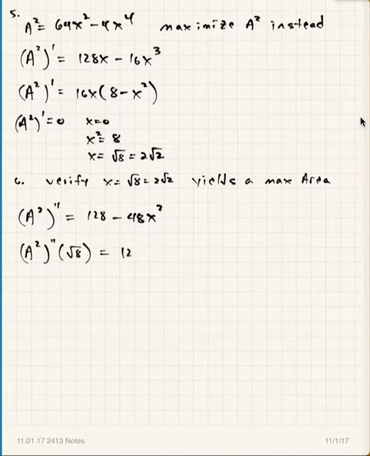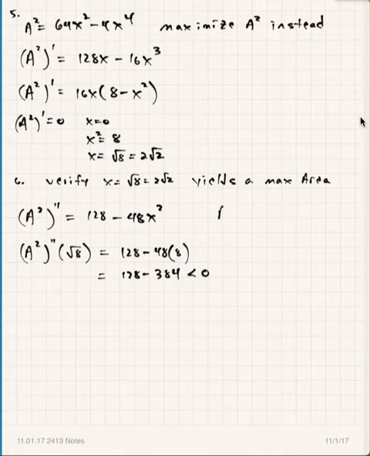And so that'd be 128 minus 48 times x squared, and x squared would be 8 in this case. And so you get 128 minus 384, like so. We don't even care what that number is. We just know that that has got to be less than 0. Right? And that's all that we need.